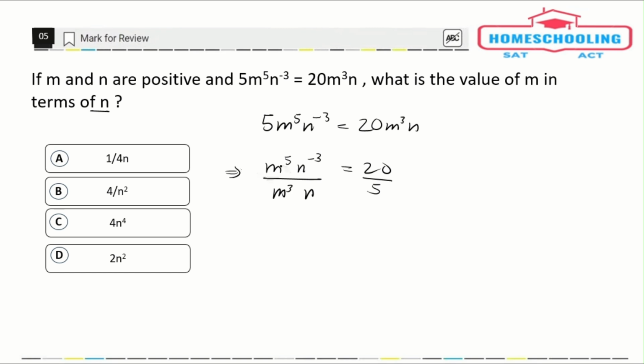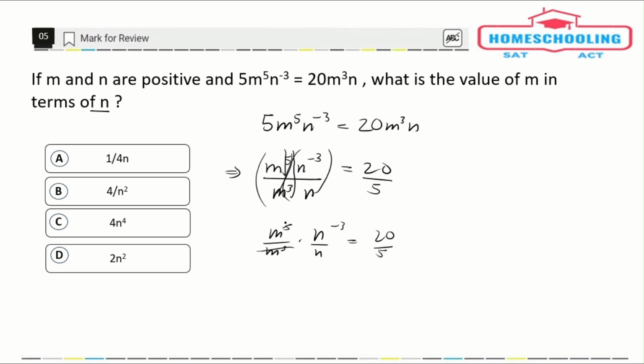As we can see, we will take these m as 1, and this n as 1. So m to the power 5 by m cube into n to the power minus 3 by n is equal to 20 divided by 5.